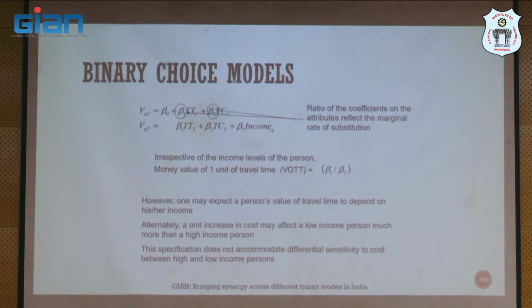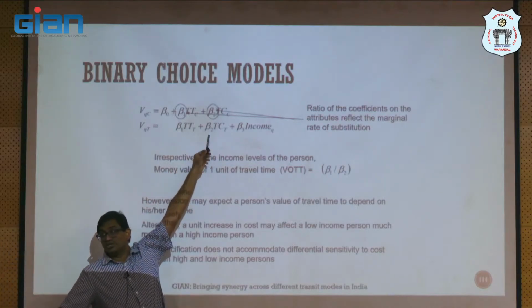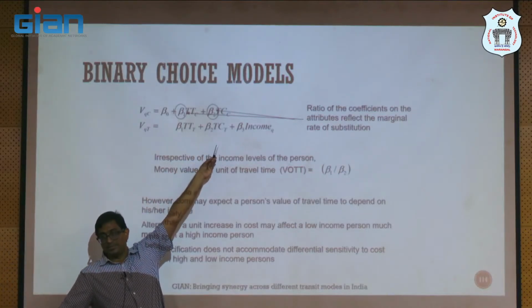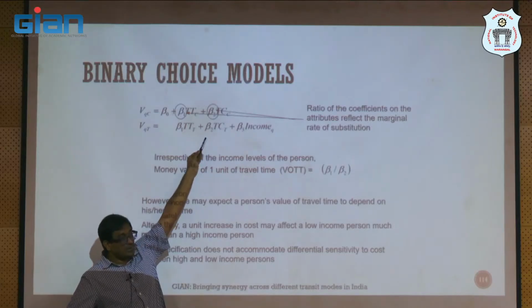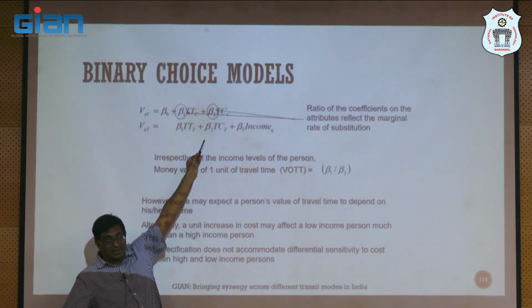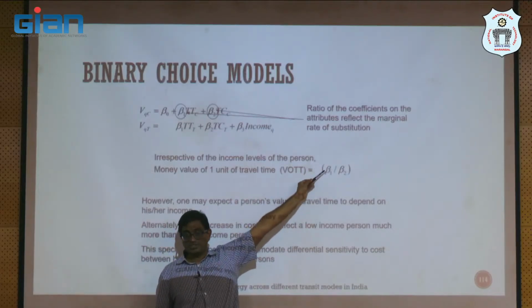We can capture that by using TC over income instead of TC. If I do that, then in beta 1 by beta 2, income will come into the picture.